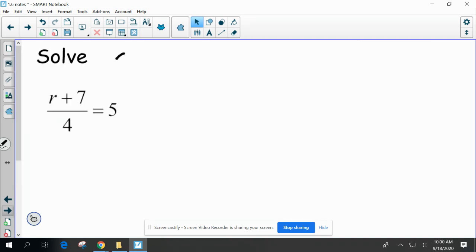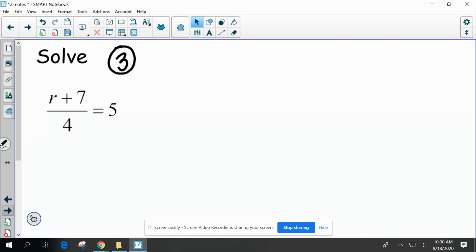Okay, here's number 3. All right, this one looks different because it has a fraction on one whole entire side, which is different than what we've had. So whenever we come across that, we have to get rid of that fraction first.